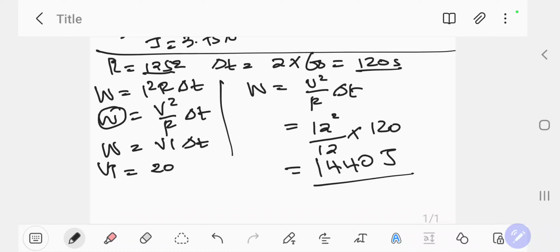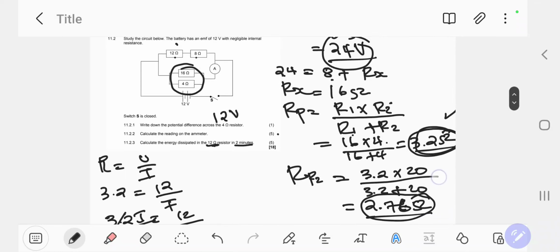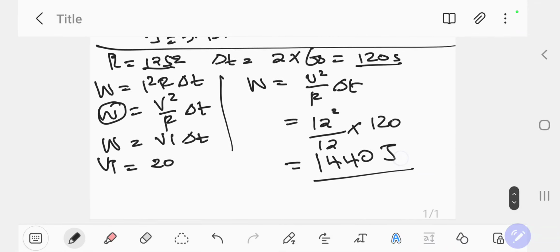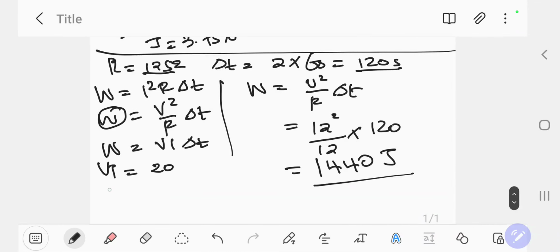So if you want to understand how much of the potential difference actually came into the 12 ohm resistor there, you're just going to say 12 over 20 of the total multiplied by the 12. So 144 divided by 20 is going to be 7.2.